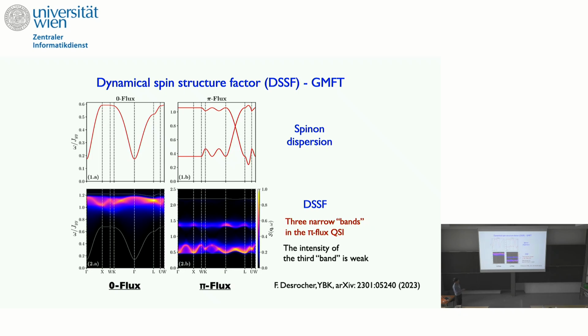If you compute the dynamical spin structure factor, remembering that it always measures the pair excitation of spinon and anti-spinon, you end up with three very flat features, basically two intraband and one interband transition.